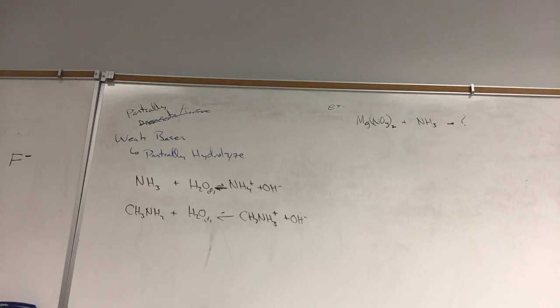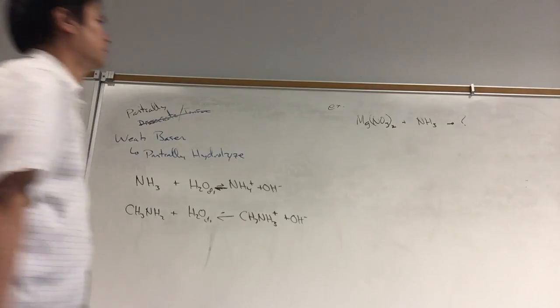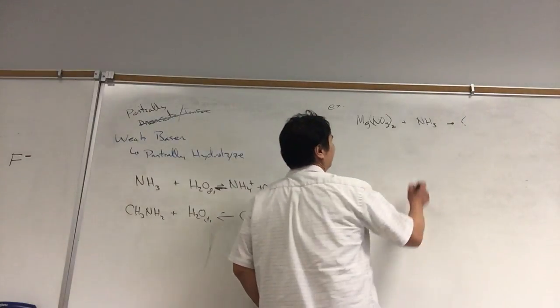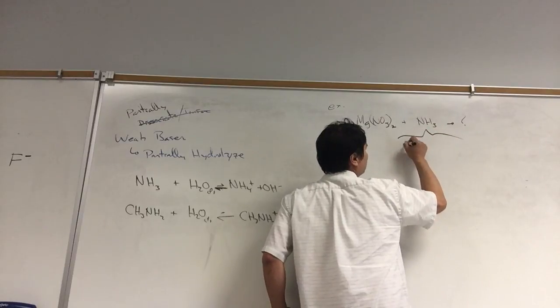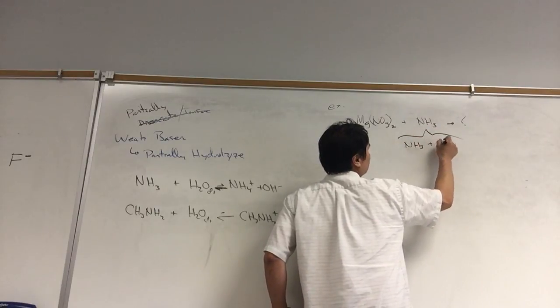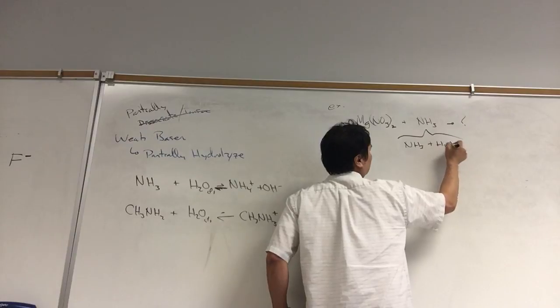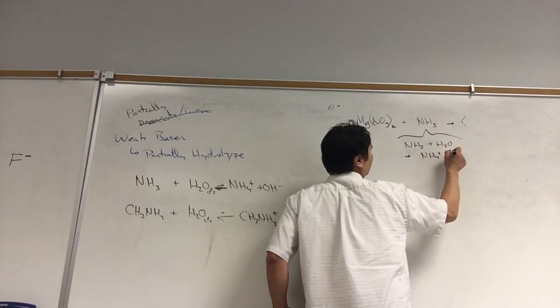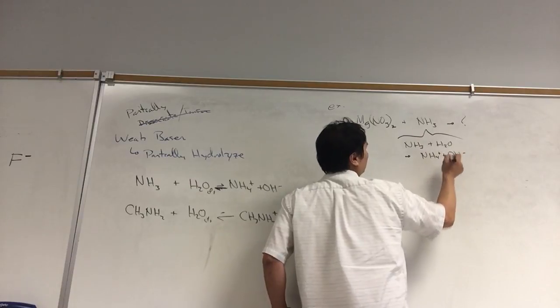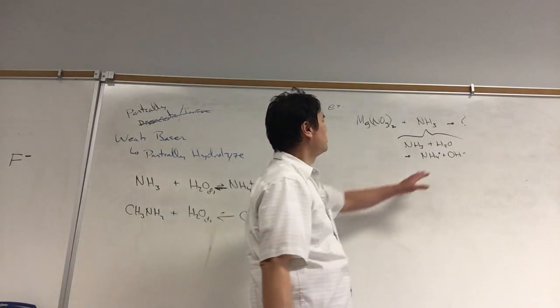So how do we deal with something like this? Well, this is what we have to recognize. We have ammonia and there's water present. And so the ammonia plus the water yields what? Ammonium ions and hydroxide ions. And these ammonium ions and hydroxide ions can react.